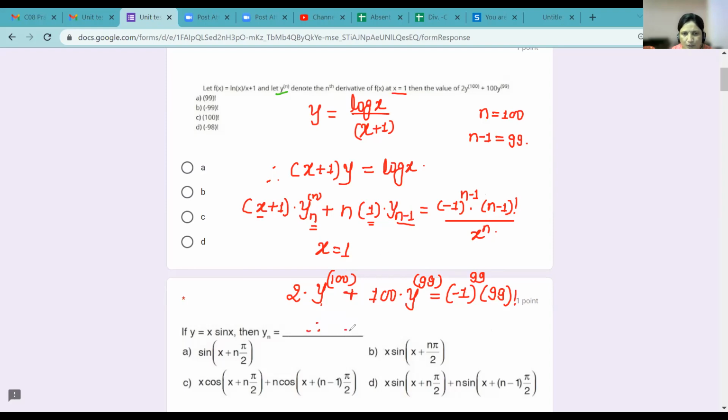Simplifying this term, 2 into the 100th derivative of y plus 100 into the 99th derivative of y is equal to minus 1 raised to 99. Here are we getting positive or negative 1? Negative. So minus 99 factorial.